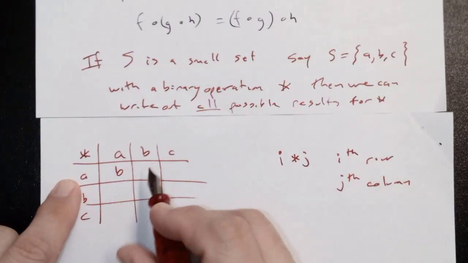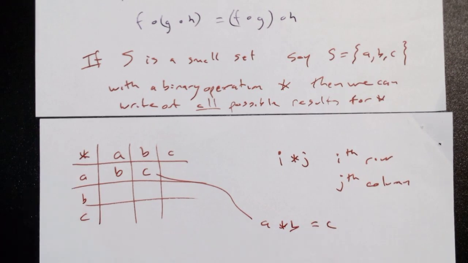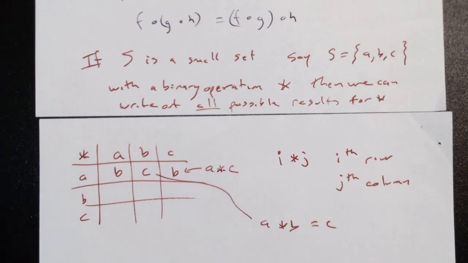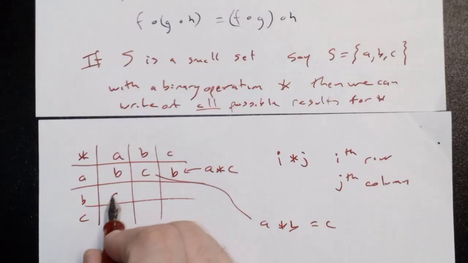Whatever answer is here, that's A star B. Whatever answer is here, that's A star C. So all of these products across that first row represent A star A, A star B, A star C. So the second row is B star A, B star B, and B star C. I am literally just making up a table.